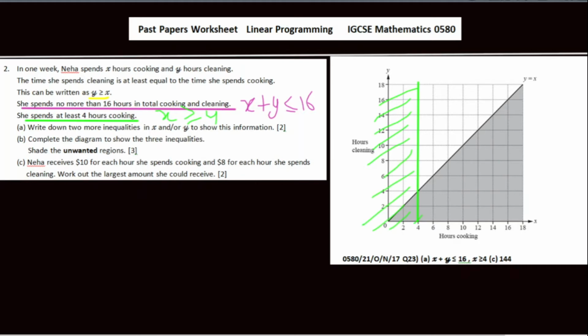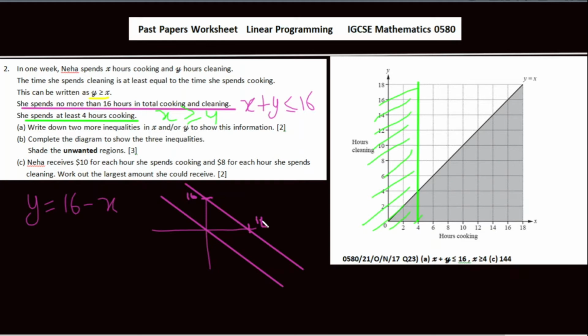Then the third line is x plus y less than or equal to 16, which means, let me rearrange this, y equals 16 minus x. So it's a falling line. In fact, it's the line y equals minus x, and when you add 16 to it, it means it's translated 16 units up. So it's going to land over here at 16, and if this is 16, this will also be 16.